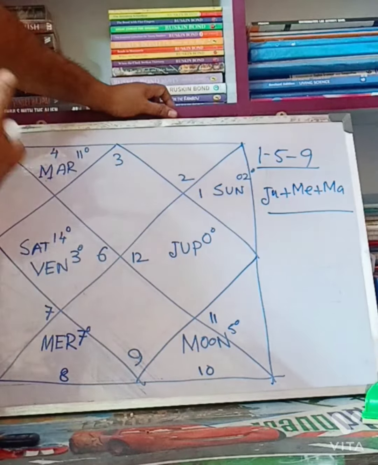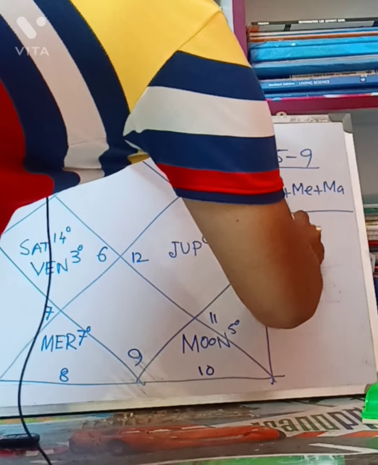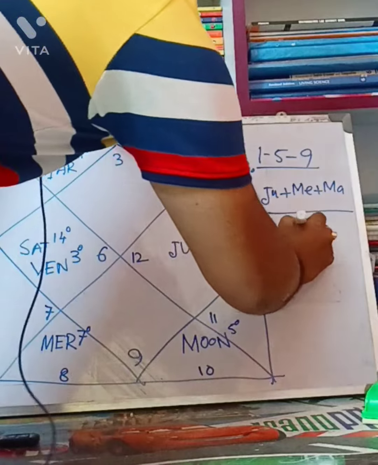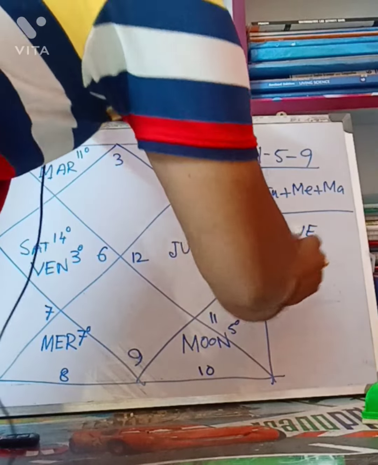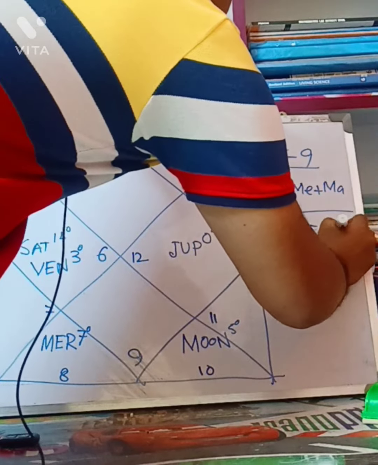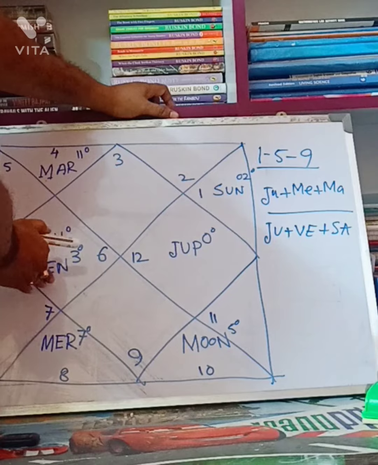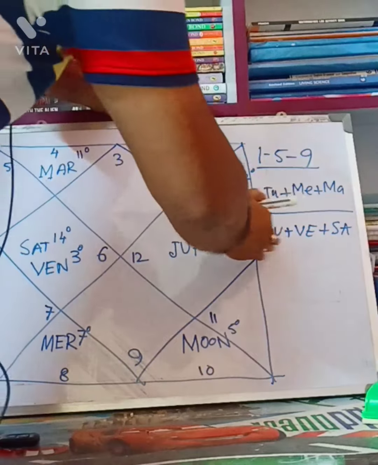But how are we going to arrange it? Jupiter is at 0 degree, so Jupiter first, then Venus, and then Saturn, which is at 14 degree. So Jupiter, Venus and Saturn conjunction through the 7-7 connection.